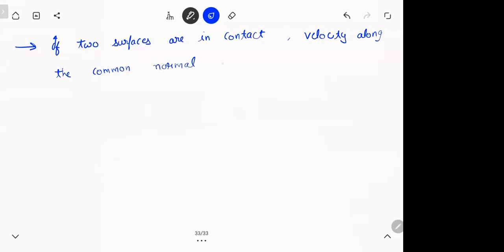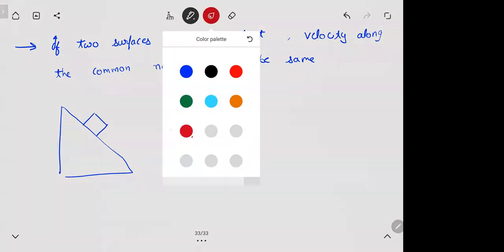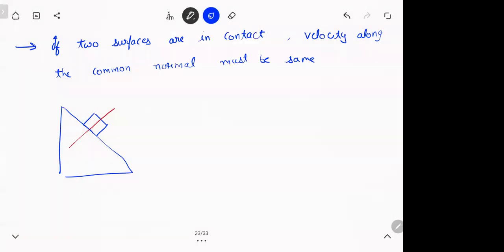For example, if I have a block and a wedge like this, this is the common normal. So velocity of the block and the wedge along this red line should be same. If it is not same, what will happen? Either the block will fly away or the block will go into the wedge. So along the normals, it should be same.